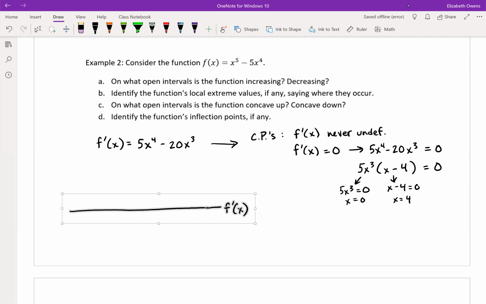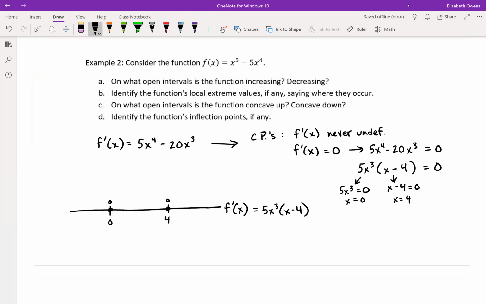I am going to write it in like this, 5x cubed times x minus 4. I'm going to put it in the factored form there because it just makes the sign analysis a little bit easier. Okay, and put your critical points on there, 0 and 4. F prime of x equaled 0 at both of those places.